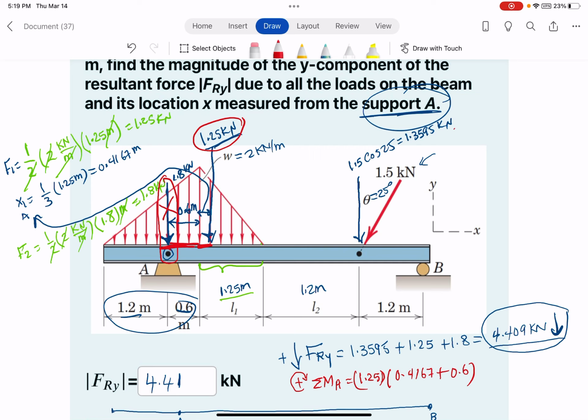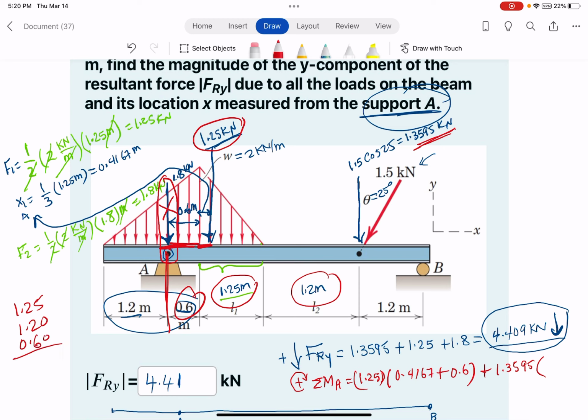Now let's find the moment of this force. Remember, the horizontal forces will not have any moment because they are at the line of action of point A. Plus 1.3595 times the distance. It's 1.25, 1.2, and 0.6.